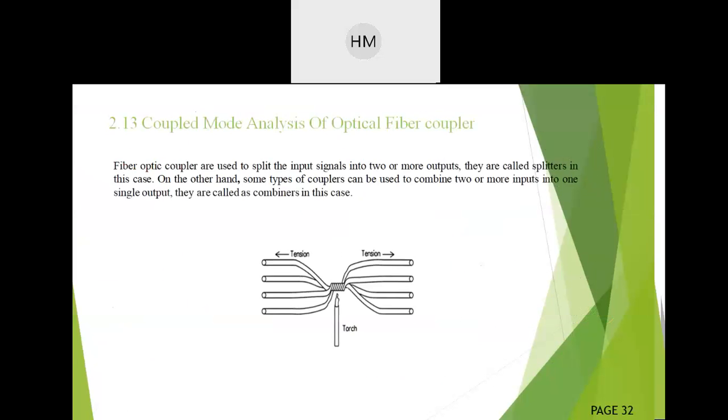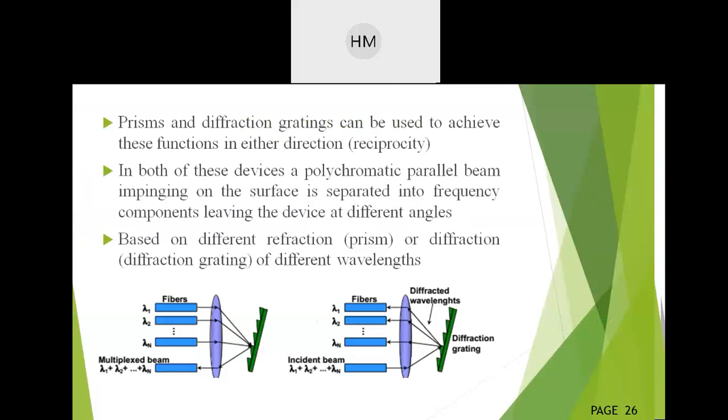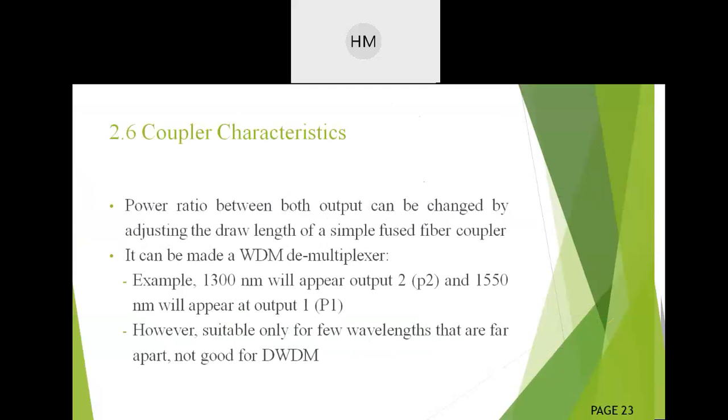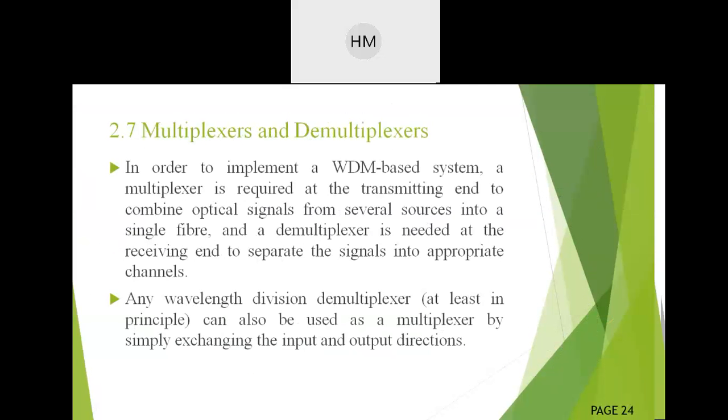So now we will again see what is multiplexer and demultiplexer. You can write down the next heading as multiplexers and demultiplexers, and you can mention what multiplexers are. In order to implement a WDM based system, a multiplexer is required at the transmitting end to combine optical signals from several sources into a single fiber.